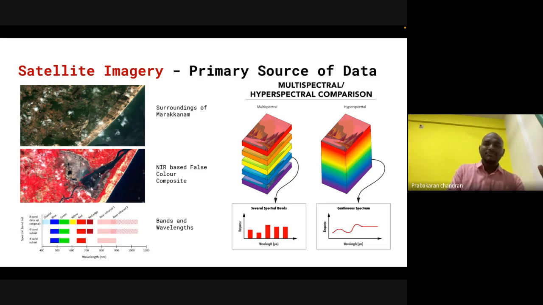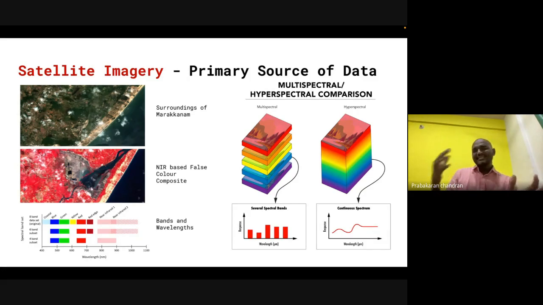Because sometimes when we see from the RGB, normal eye, most of the water bodies would look green in color, other than the ocean, because they have chlorophyll content, which is algae grown over there, or some other water plant might be there.